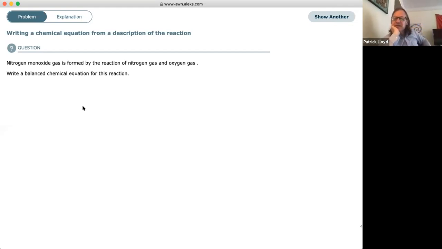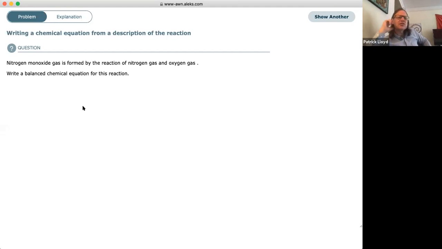So this is, in a sense, for first semester chemistry, the most sophisticated or complex of the balancing chemical equation problems. Because not only are you asked to balance the equation, they don't give you the equation, they give you the words that describe the reaction, but you have to come up with the formulas and then do the balancing. So in this example, we're not going to give you real complicated ones, of course.